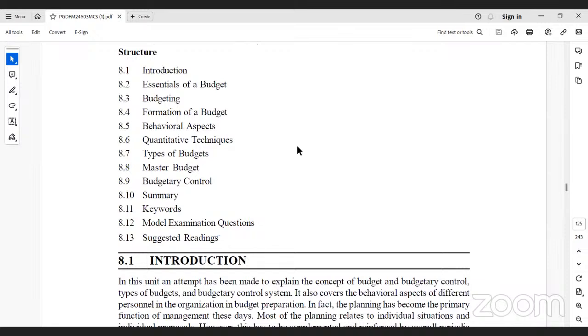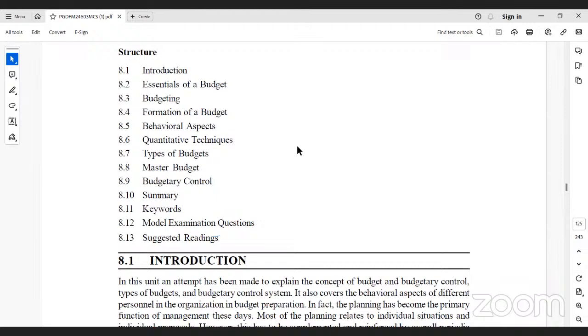Like what are the essentials of a budget and budgeting, how to form a budget, what are the behavioral aspects of forming budgets, what are the quantitative techniques, and what are the different types of budgets like zero-based budget and master budget.